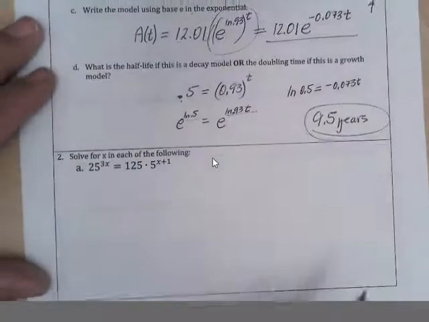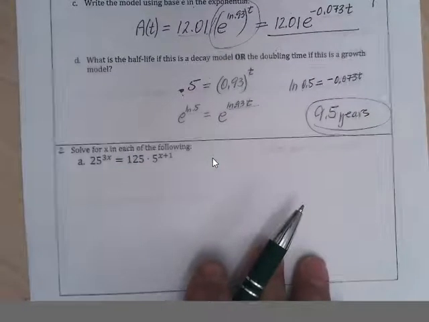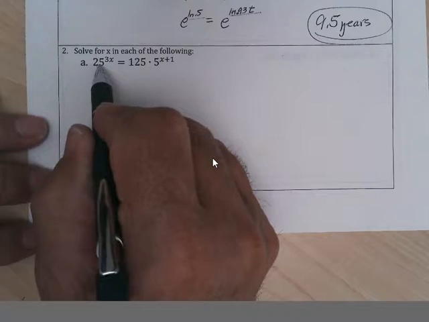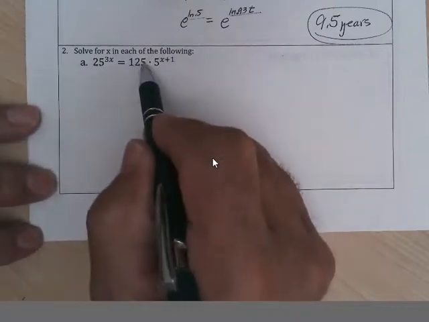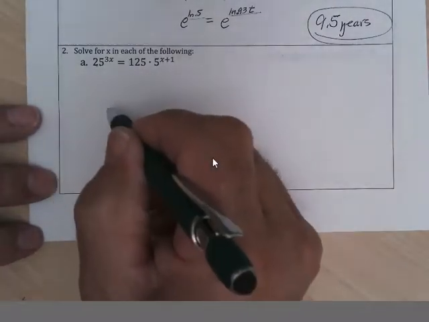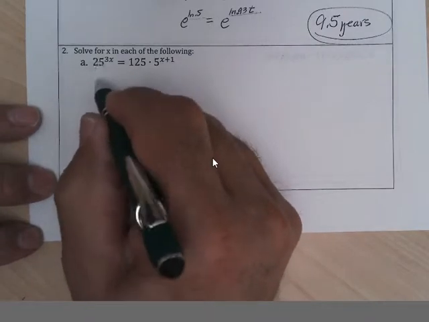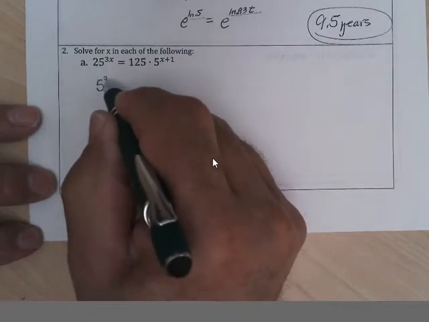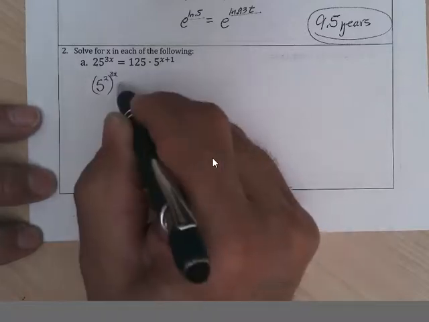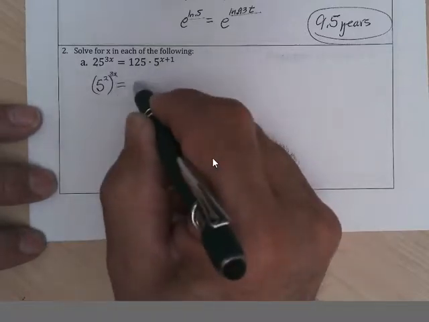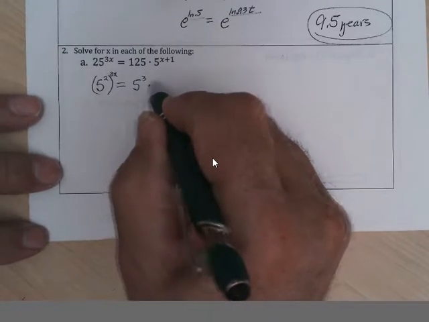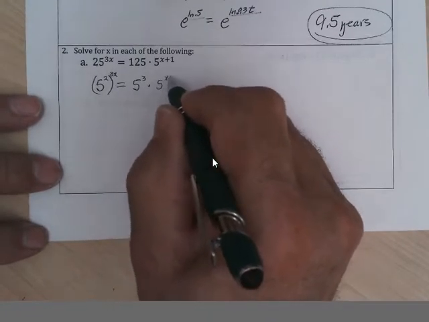Okay, number 2. So 25 looks like the power of 5, 125 is the power of 5, and that's 5. So I could do these all in base 5. 25 is 5 squared, and that would be to the 3x. 125 is 5 to the third, times 5 to the x plus 1.